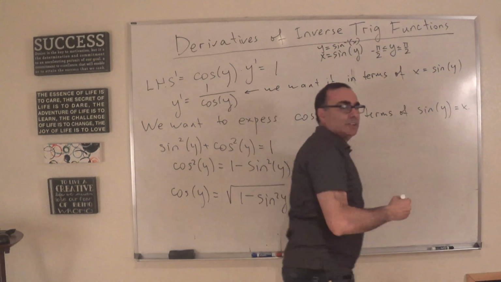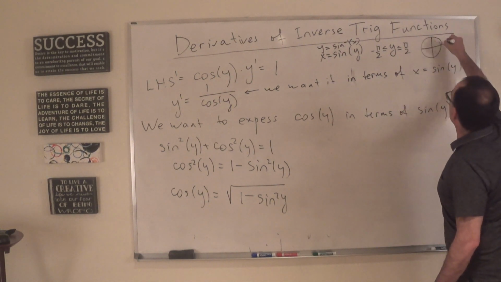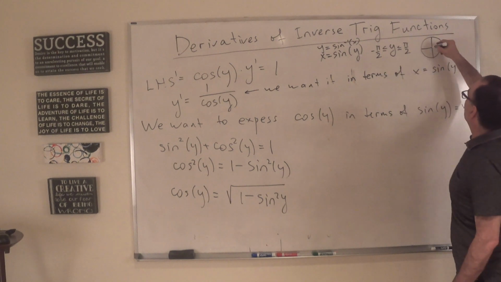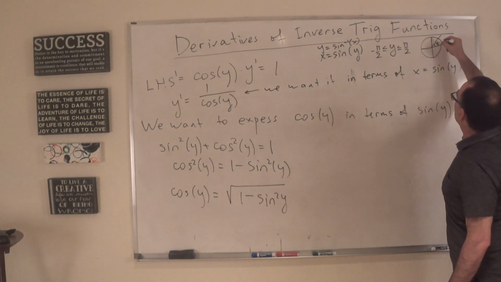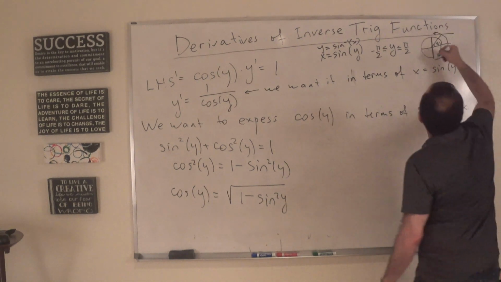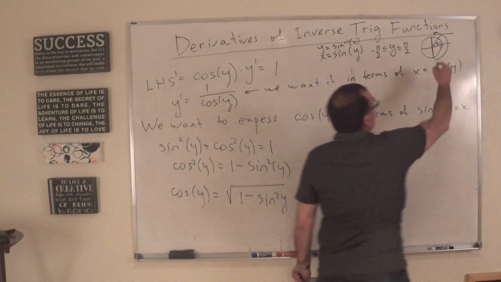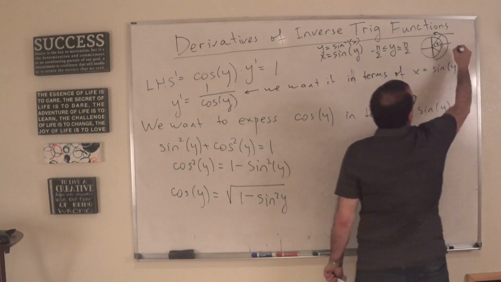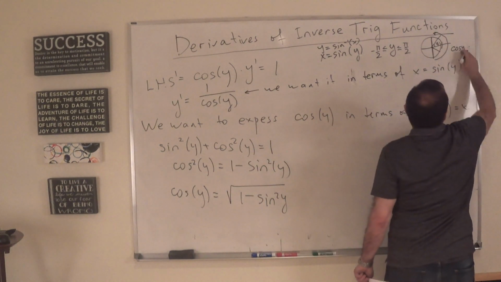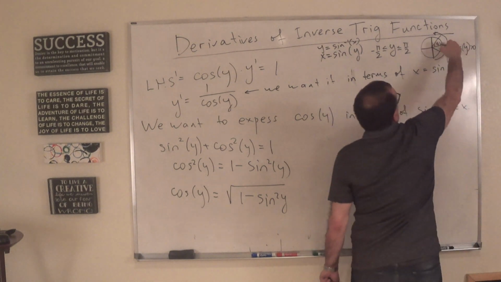And now we can indicate this on the picture, where it's more clear. y is the angle, and it runs between negative pi over 2 and pi over 2, which means it runs in the right-hand side of the circle. But on the right-hand side of the circle, cosine of y will always be positive, because cosine is the x coordinate.